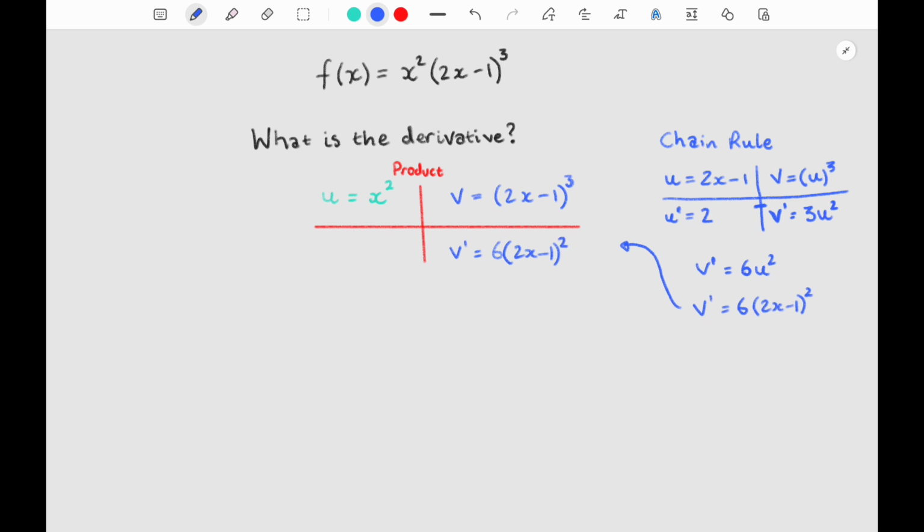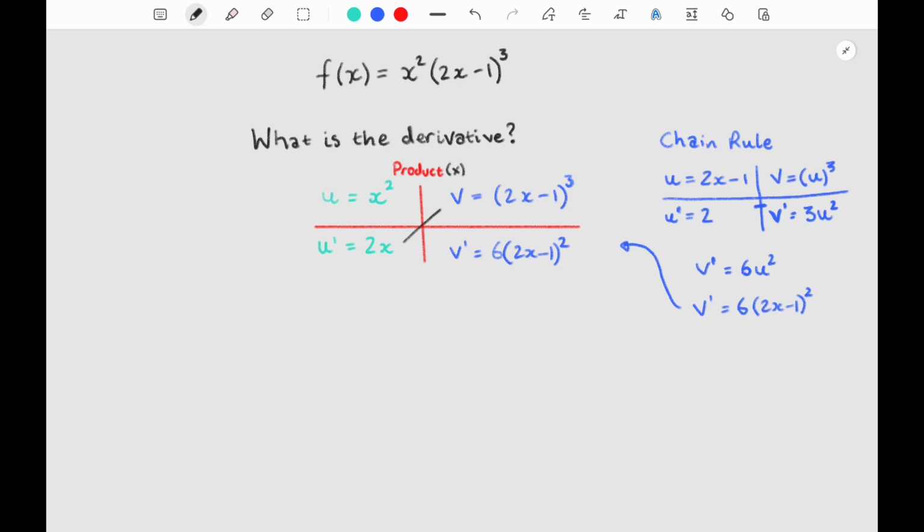Squared. Okay, so our next job is to differentiate the u. So u dashed is simply equal to 2x. So we've got every single component now. So what is this? Well, the product rule, from a formulaic point of view, is called a product rule because it's like a times.